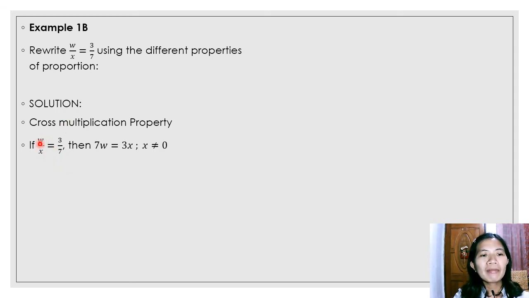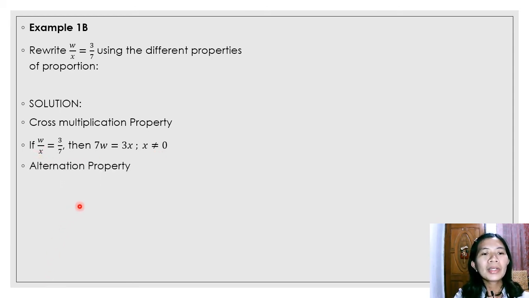So we have 7 times W equal to 3 times X, wherein X is not equal to 0.